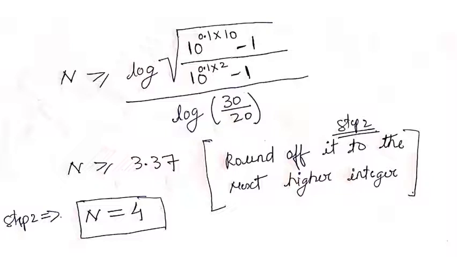So as we have mentioned, we have to round off the order to the next higher integer. Therefore, we will be rounding off the order 3.37 to the next higher integer as 4. Therefore, the order n of the filter for the given specification would be 4.